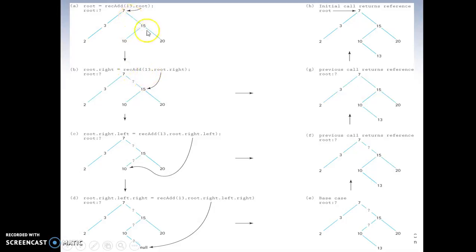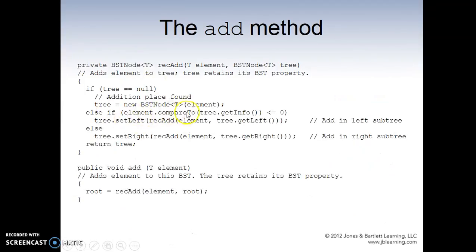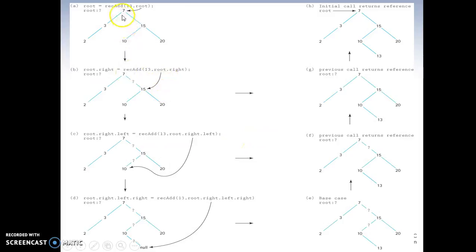We know this has to go to the right, so we do set right, and pass recursive add again, passing 7 in, right?